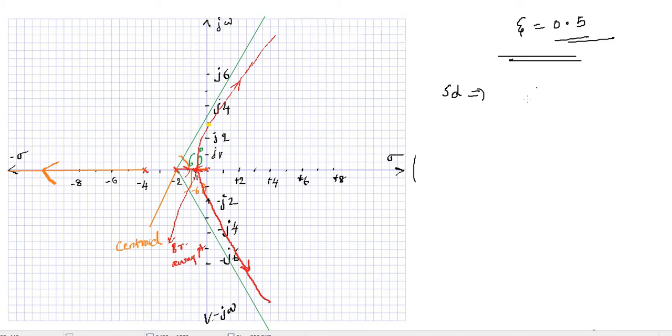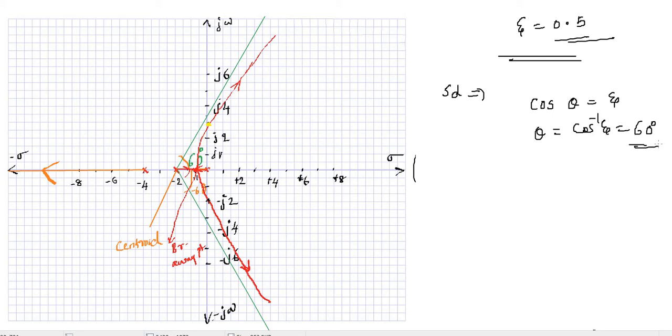For that, we have zeta equal to 0.5. We know from the second module, transient specification, that cos theta equals zeta, so theta is cos inverse of zeta, which will be equal to 60 degrees here.